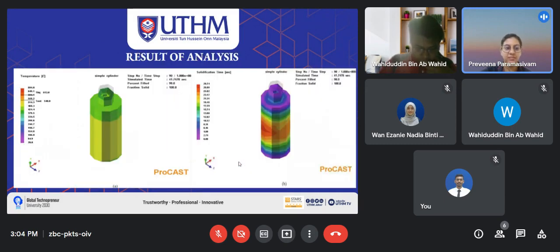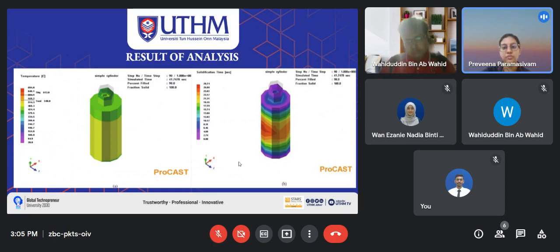As for the result of the analysis, after all the calculated data was transferred into the software with its cylinder size and shape with a riser height of 70 mm, according to the previous article, the analysis of the temperature and thermal hotspot for the mold with solidification time was shown through the ProCAST software.